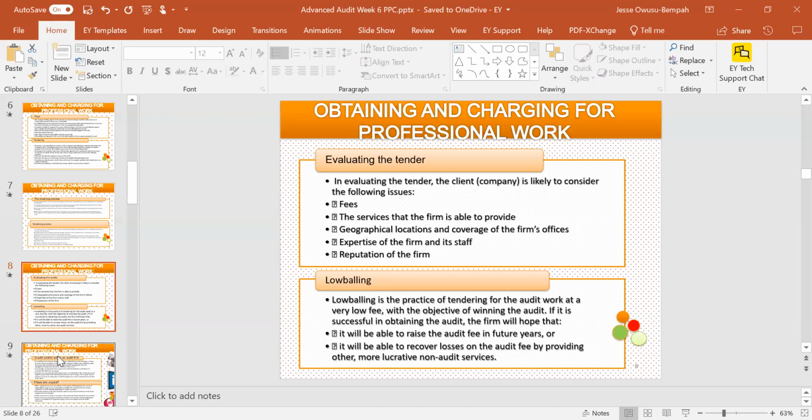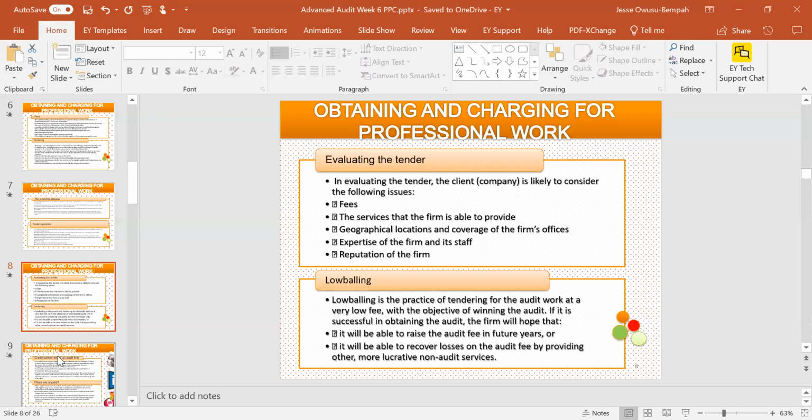And it is done with the goal that you will just enter the market. It's a pricing strategy where you price low so that customers will be attracted to you. So you price low so that you'll be able to raise the audit fee in future years.